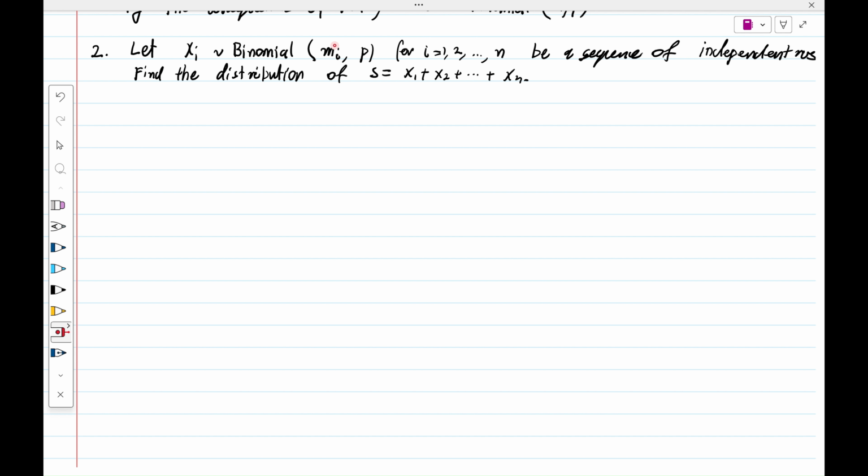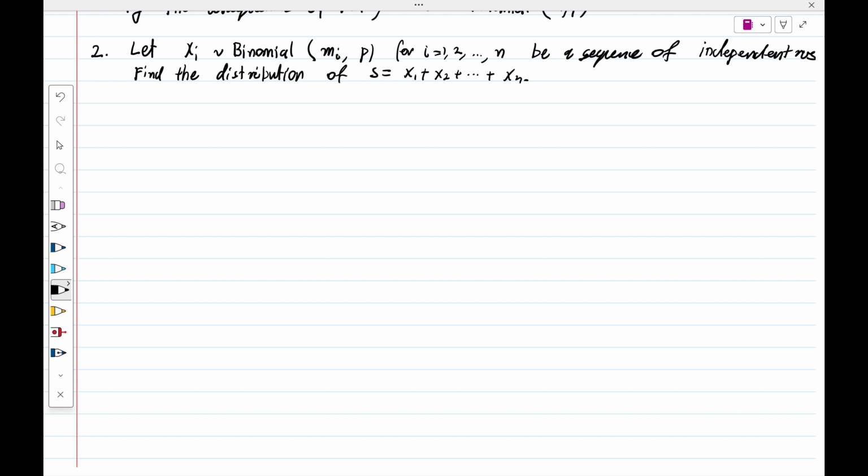The first random variable might have 2 trials, the next one might have 5 or 6 trials, but they all have the same probability of success parameter p. And of course, they are independent. That is the one necessary condition for the formula we're going to use to work. Again, we need to find the distribution of the sum.